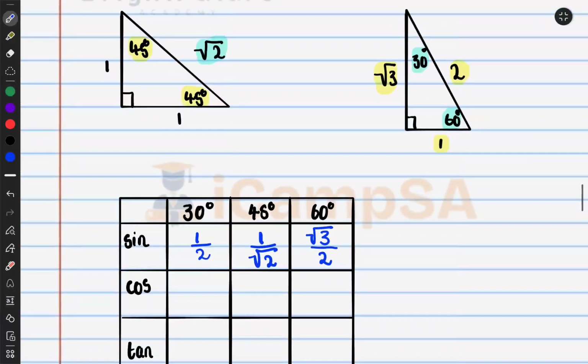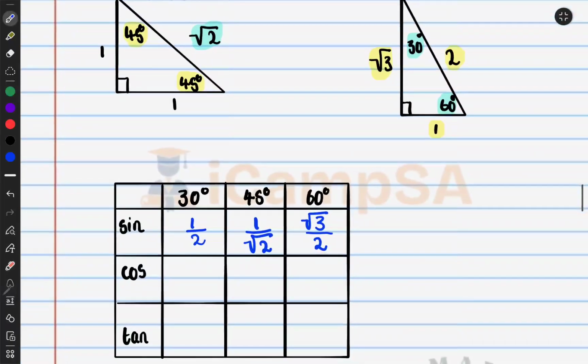Cos 30 is the adjacent side over the hypotenuse. The side next to angle 30 is root 3 over the hypotenuse, which is 2. Therefore cos of 30 is root 3 over 2.